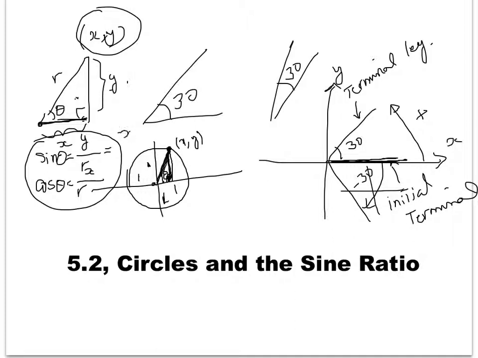X over 1, which is x. And the sine theta, y over 1, which is y. So this tells you that if you have a unit circle, for any point on the circumference of the circle, the x value represents the cosine of the angle, and the y value represents the sine of the angle.